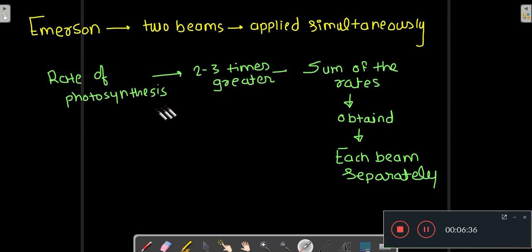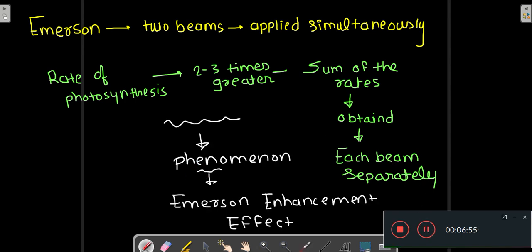That is, one beam in the red region and the other beam in the far red region. Now, this phenomenon is known as the Emerson enhancement effect.